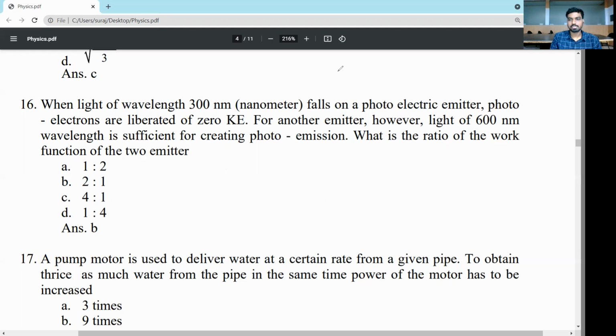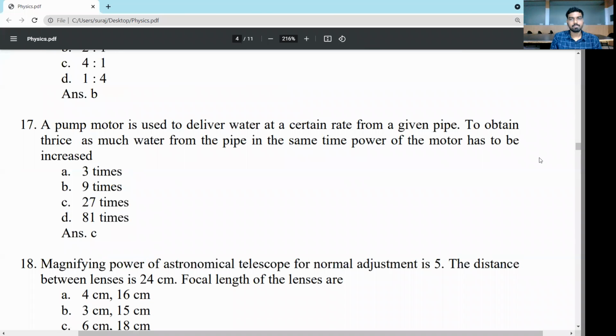Next, coming to question number 17. A pump motor is used to deliver water at a certain rate from a given pipe.